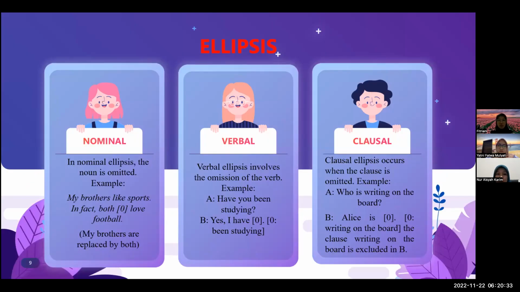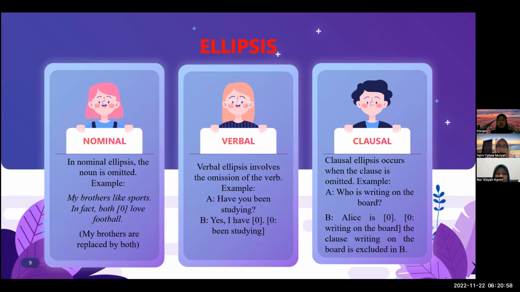Ellipsis. This is the last one. From the definition, ellipsis is the technique of removing superfluous items that were previously mentioned in a text and replacing the word with nothing. And you can see there are three kinds of ellipsis.